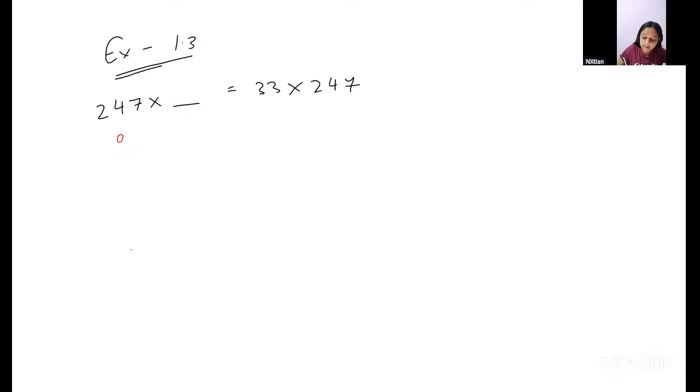A multiplied by B equals B multiplied by A. Okay, that property is used. So 247 into dash equals 33 into 247 means my blank will be 33. Okay, A is 247, B is 33. Okay, let's check out one more.